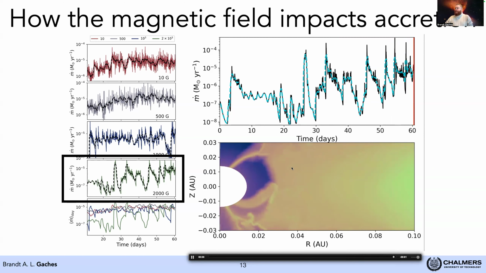So this seems to be the picture when you go to these very high magnetic field cases: you have some degree of magnetospheric accretion, but then a lot of mass is being dumped onto the protostar in bursts, this very systematic burstiness, via instabilities from the truncation point.